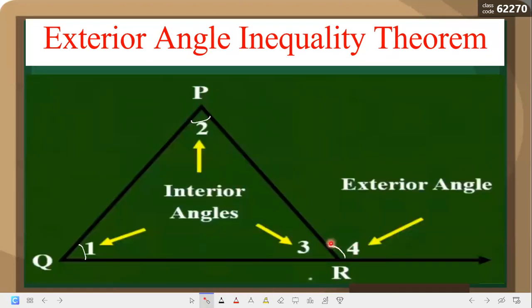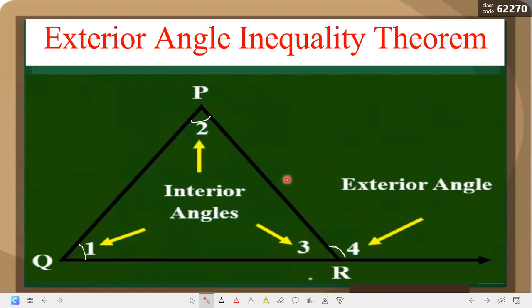For this one, this will be the exterior angle, which is angle 4, and the remote interior angles are angle 1 and angle 2. So why is angle 3 excluded? Because a remote interior angle must be a non-adjacent angle of the exterior angle.